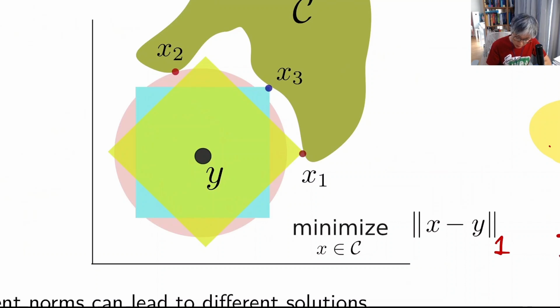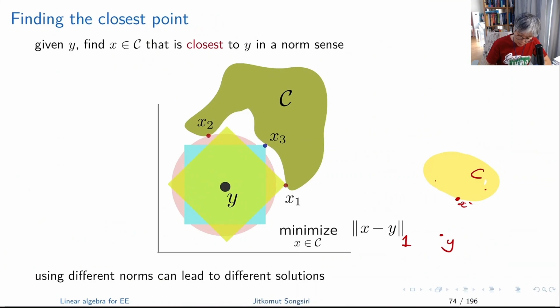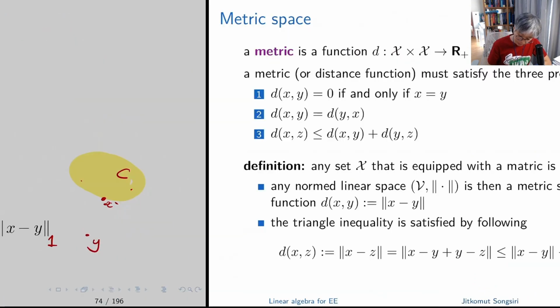You will see that the point x2 has the minimum two norm, point x3 has the minimum infinity norm, and point x1 has the minimum one norm. All these points are not at the same location in the set C, which means the problem of finding the point that has the minimum distance also depends on the choice of norm you use. Okay, and that's the whole idea.